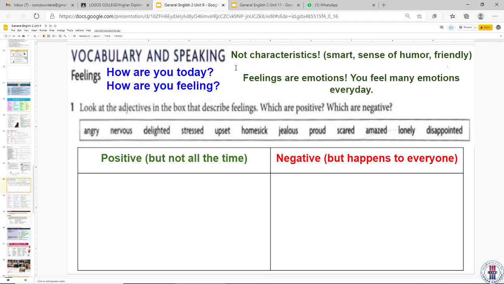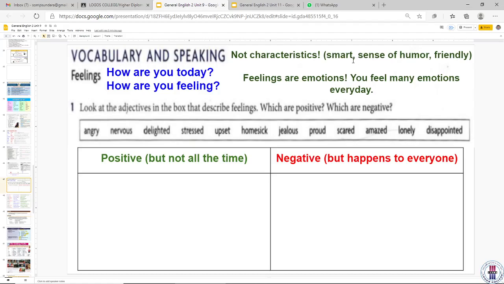So be careful, because they're not characteristics. Characteristics are different from feelings and emotions. Characteristics are words like smart, friendly, nice, sense of humor. Right? Characteristics are what somebody usually is for a long time. Right? A friendly person is usually always friendly.